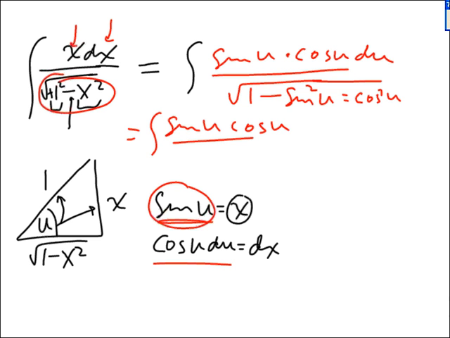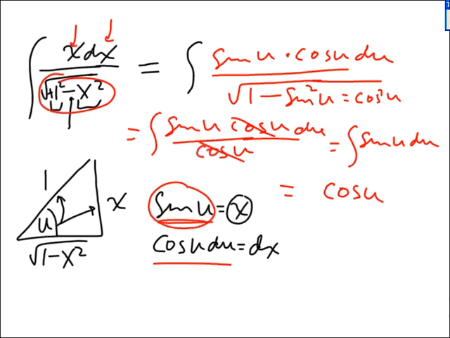And the square root of that is cosine of u. Coincidentally, that cancels out. So we get the integral of sine u du. That integral is negative cosine of u.